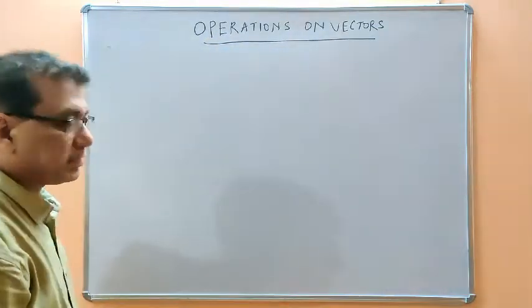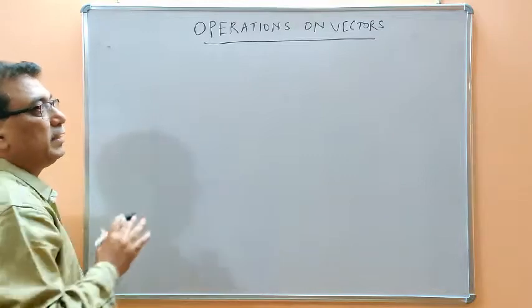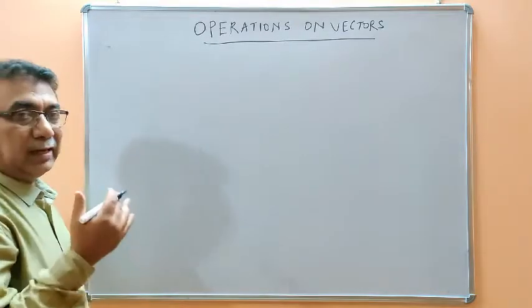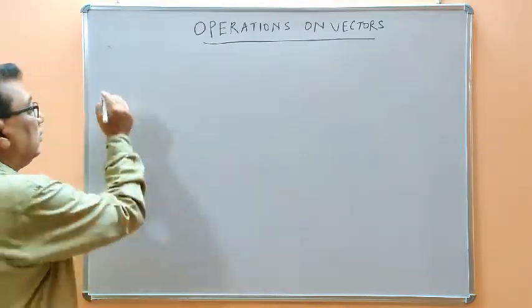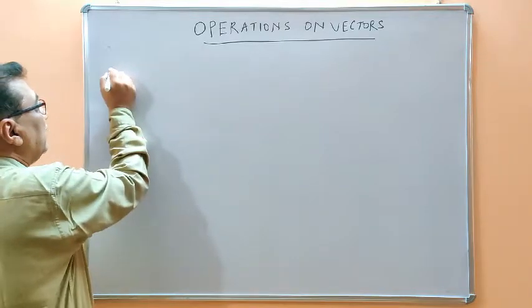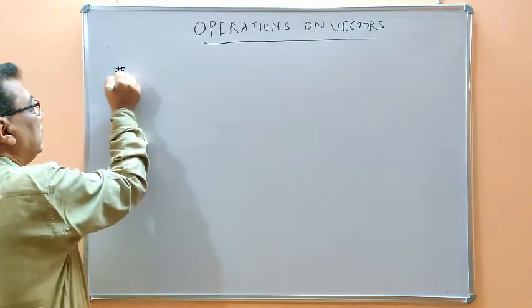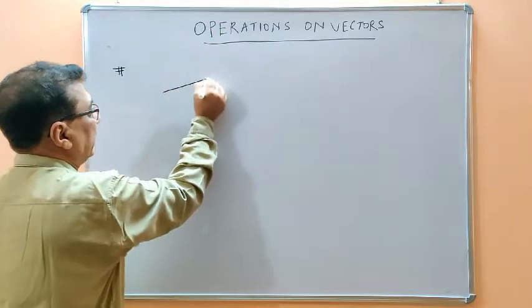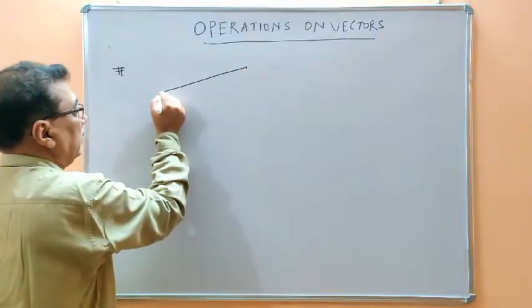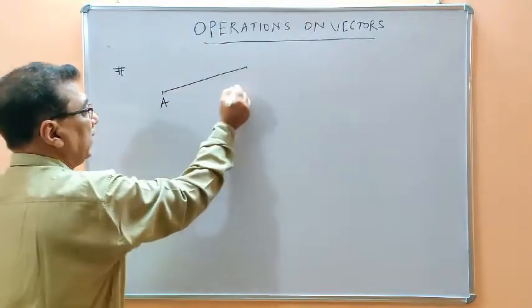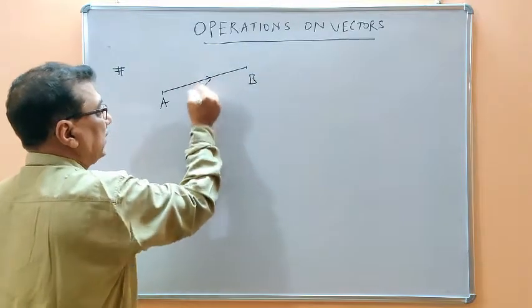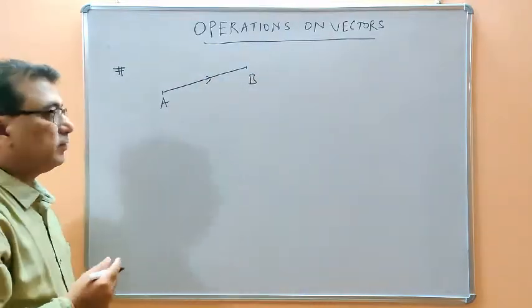Now before I start the meaning of this operation and the types, first I have to explain again the meaning of a vector. Suppose a vector runs between A and B and in the direction from A to B. Okay.